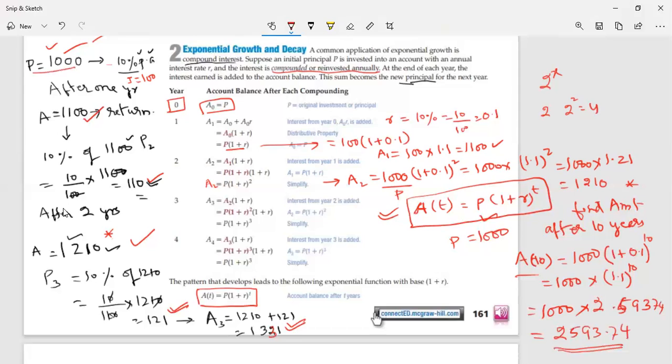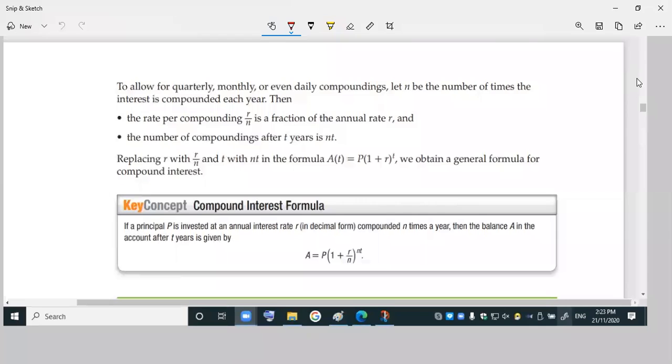Now we have the parts where it is not annual compounding: quarterly, monthly, even daily compounding.